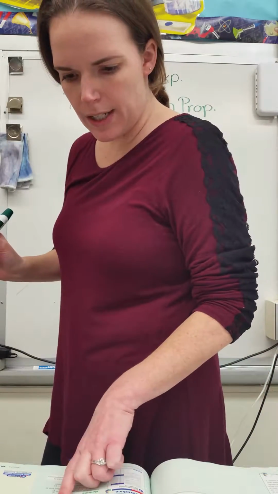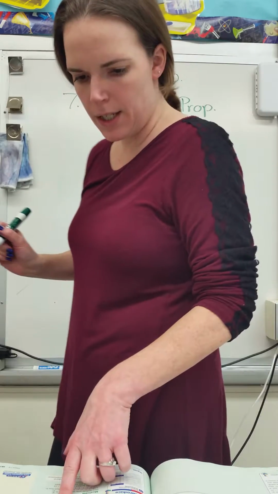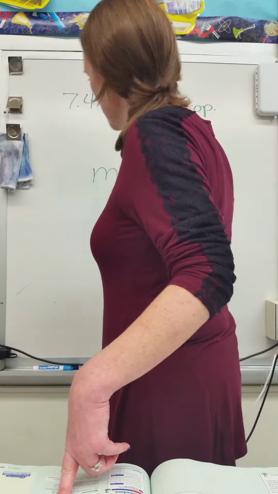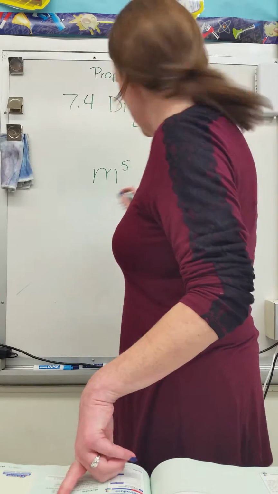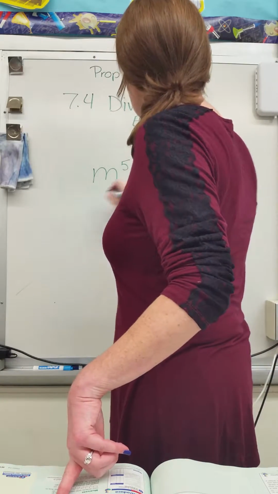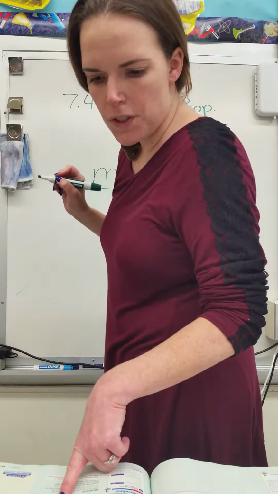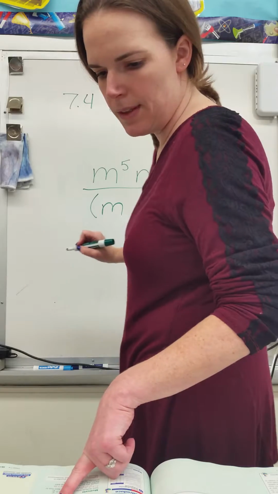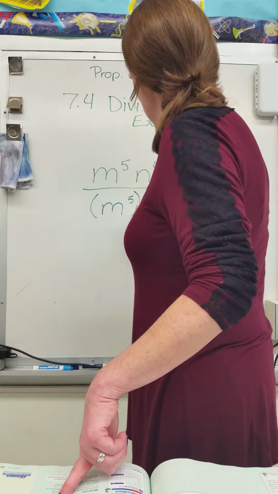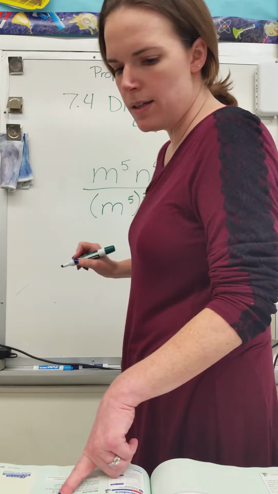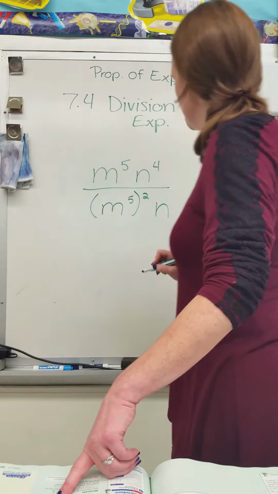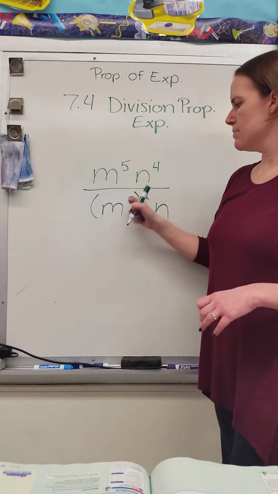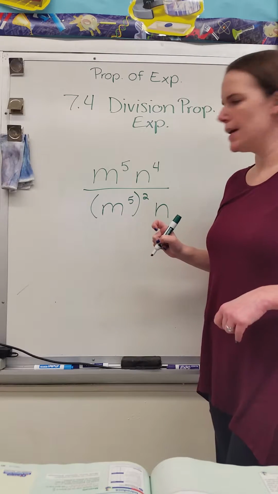Here's another example from your book. Let's do m to the 5th power, n to the 4th power, over top of m to the 5th squared n. So the first thing I'm going to do is I notice that I have this power to a power in the bottom there.